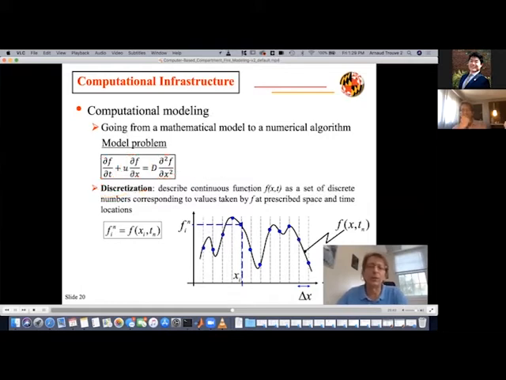So discretization is a process by which we replace f of x and t, which is my mathematical object, by an array of values, a set of discrete numbers that corresponds to the values taken by f at a discrete location x_i and discrete times t_n. This is the discretization of space and time assumed in this process, and I'm replacing a continuous function by a set of values represented by the blue dots in this schematic.